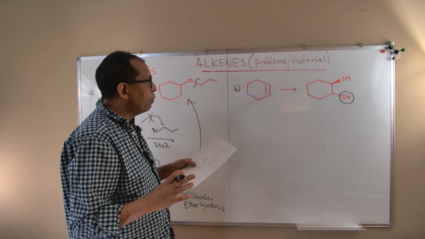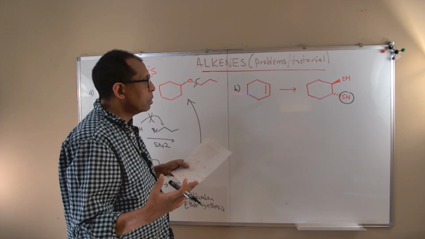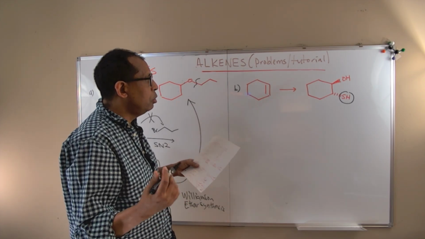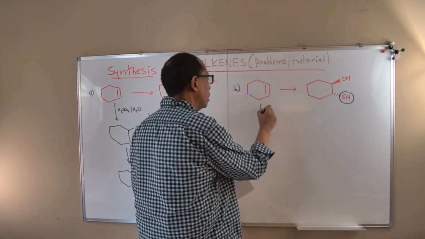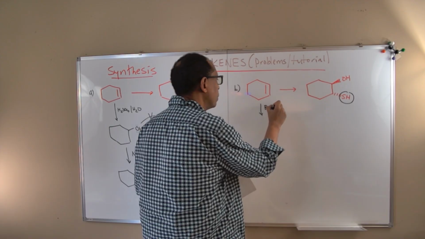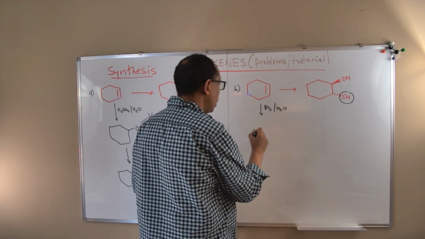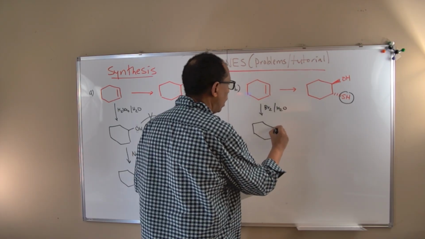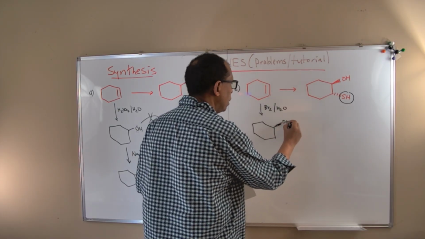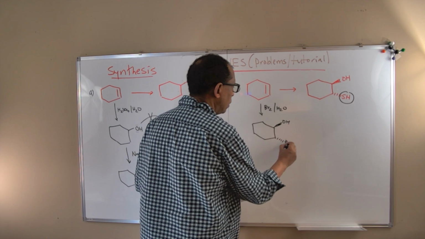If we were to use a bromohydrin, we cannot do it. For example, a bromohydrin, meaning bromine in water, would make a hydroxy up and a bromine down.